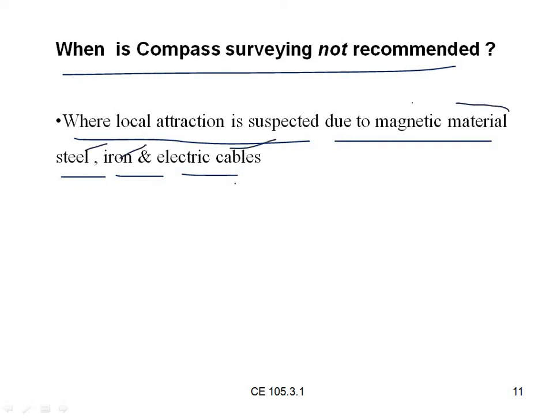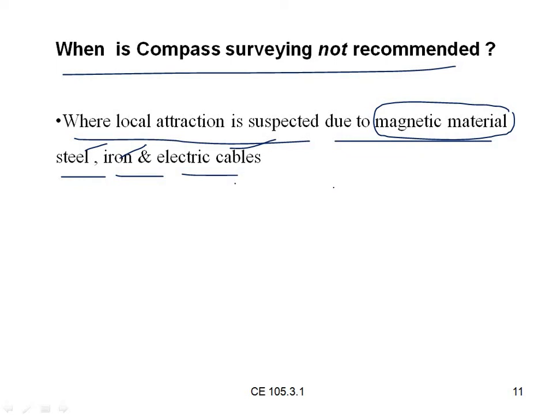Why did this name local attraction come? Because the compass needle is a magnetic material. When magnetic materials are nearby, it will be attracted to them. If you keep a watch or goggles, or any other iron-related materials, they will attract the compass.